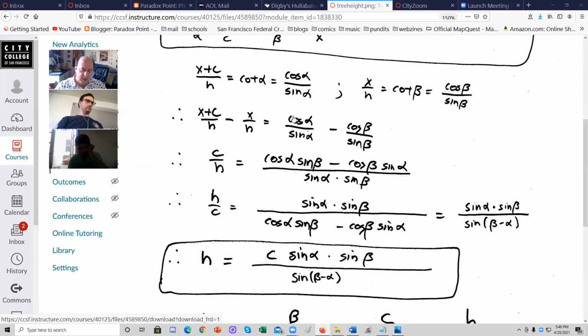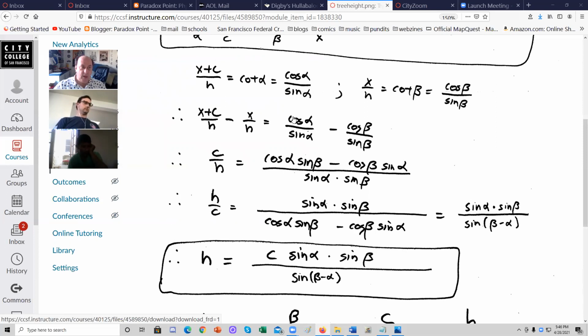Actually, that should be the other way around. Alpha is 14, beta is 17, whatever. 17 minus 14. So h equals 20 sine 17 degrees, sine 14 degrees over sine of 17 degrees minus 14 degrees.